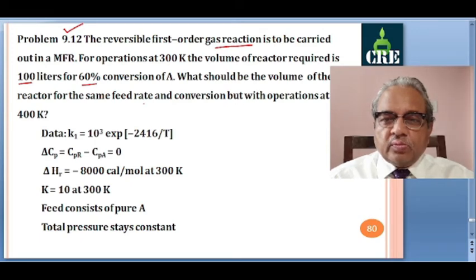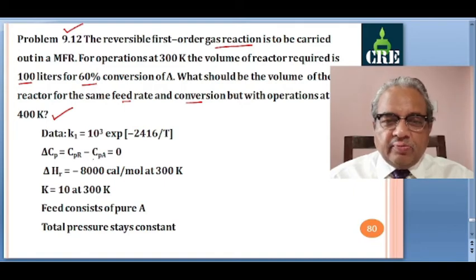and conversion? So feed rate and conversion are maintained, but the operation is now at 400. So we have to find out the volume at 400 for 60% conversion and the same feed rate.